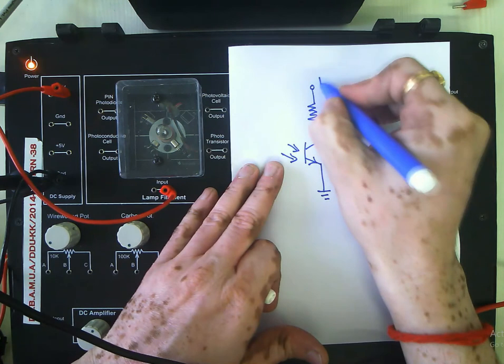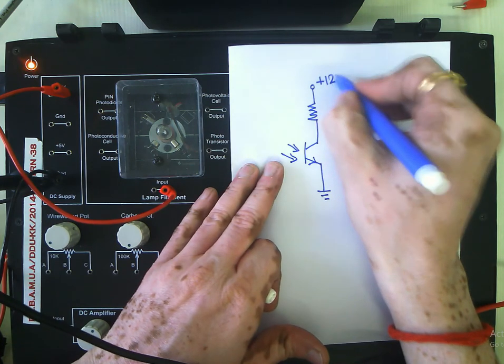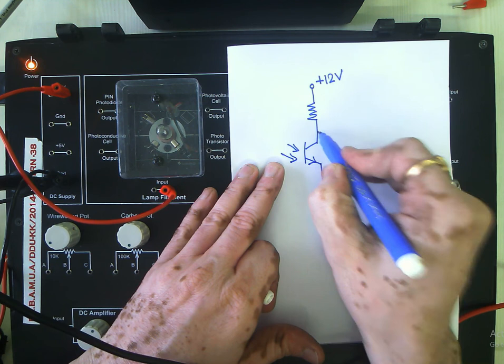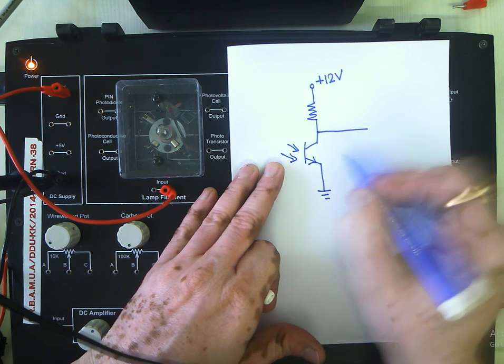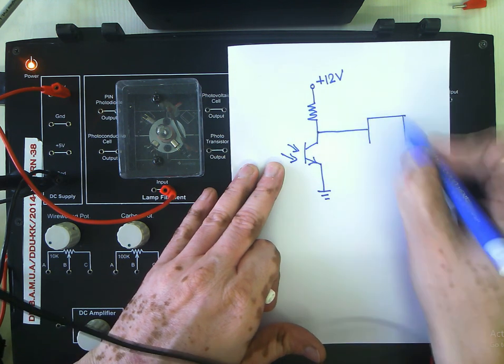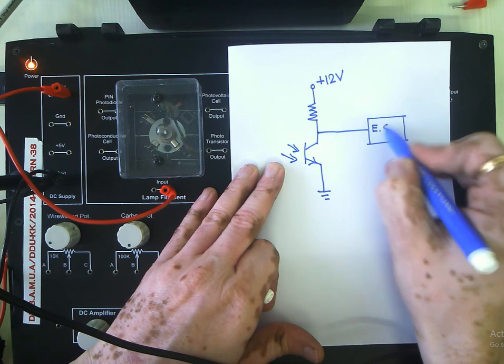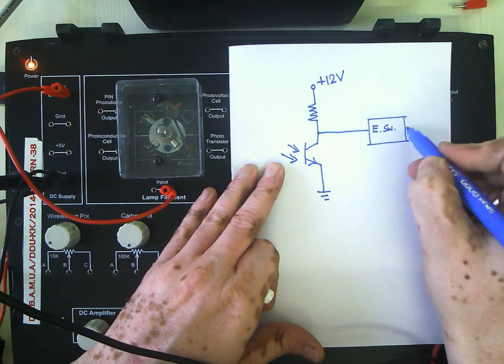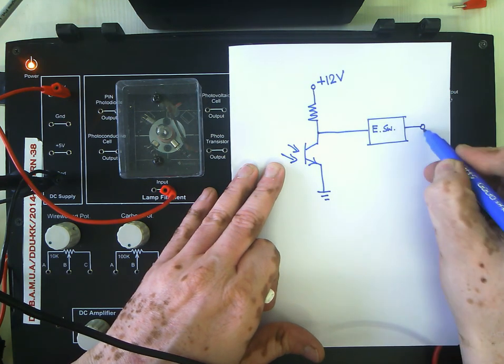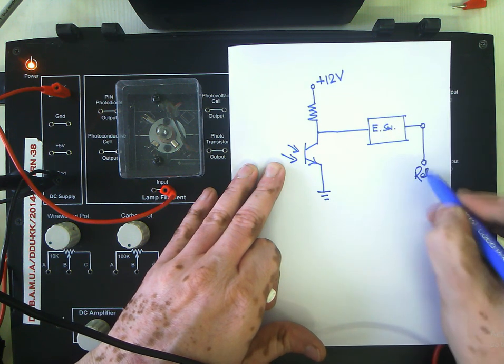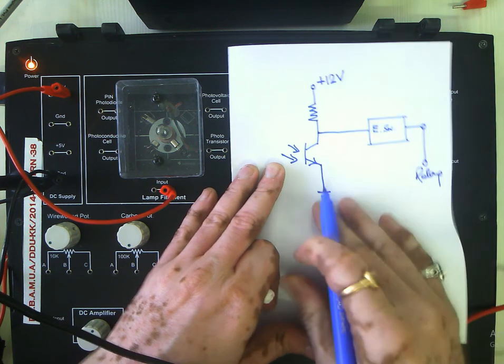Here we will be giving 12 volt, and collector voltage will be fed to the electronic switching block. Output of this block will be given to the relay.